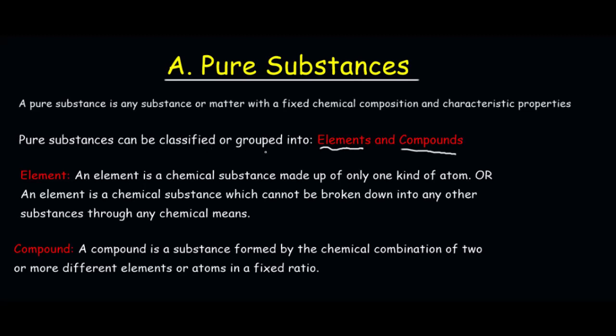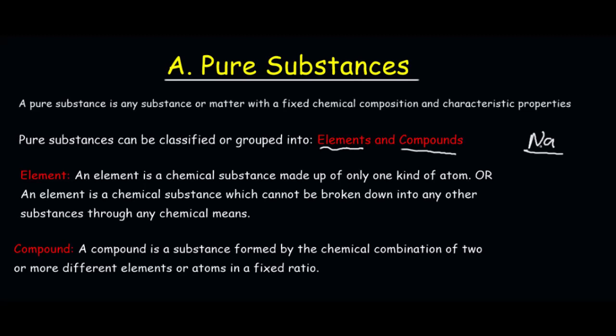What it means is that if I'm talking about a substance like sodium, which is an element, you realize that in sodium there is no other substance apart from sodium.